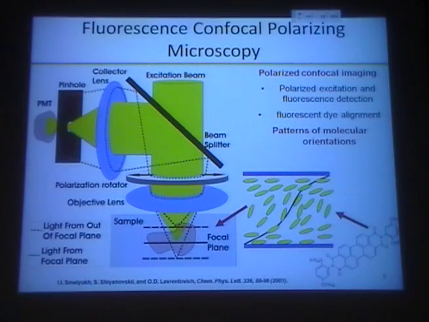Now, many years ago, we introduced fluorescence confocal polarizing microscopy, which is a little variation of the confocal microscopy technique that allows for three-dimensional patterning, imaging or mapping of director fields in liquid crystals.